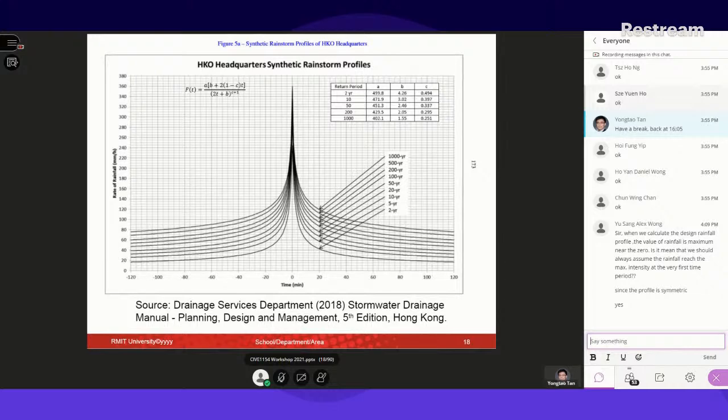We assume that this rainstorm is symmetrical, so the maximum rainfall will be at the middle of the rainfall. For example, if there is a 20 minute rainfall event, the maximum rainfall happens at the midpoint. Is that clear?